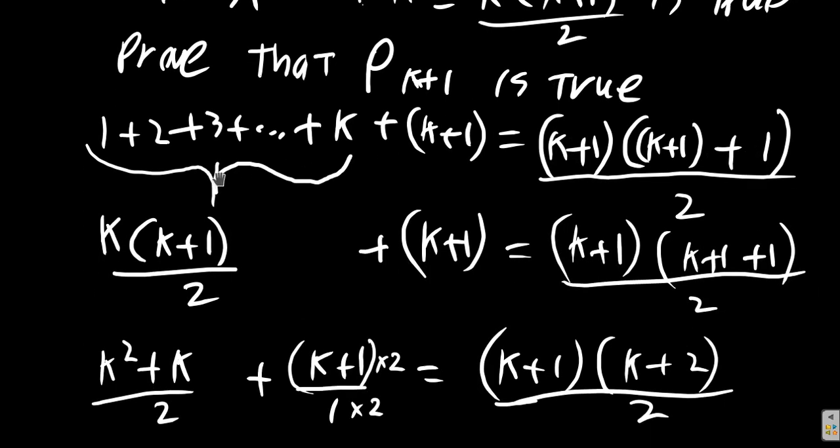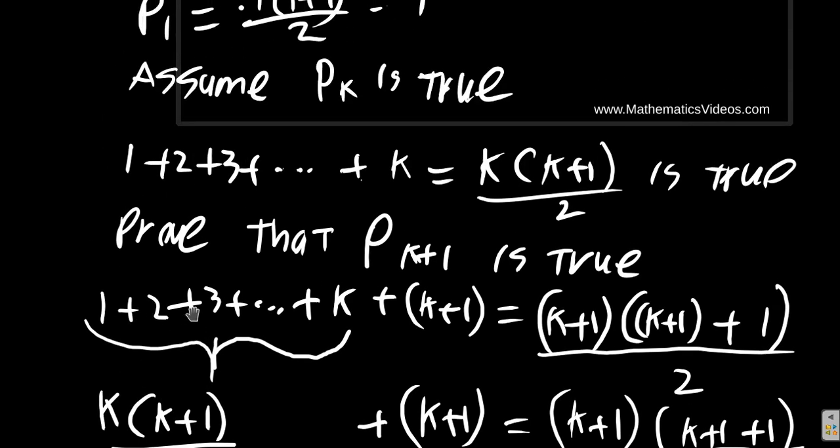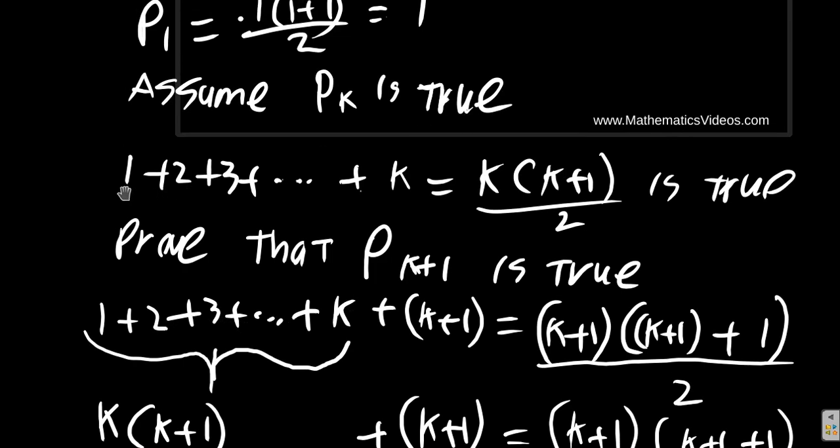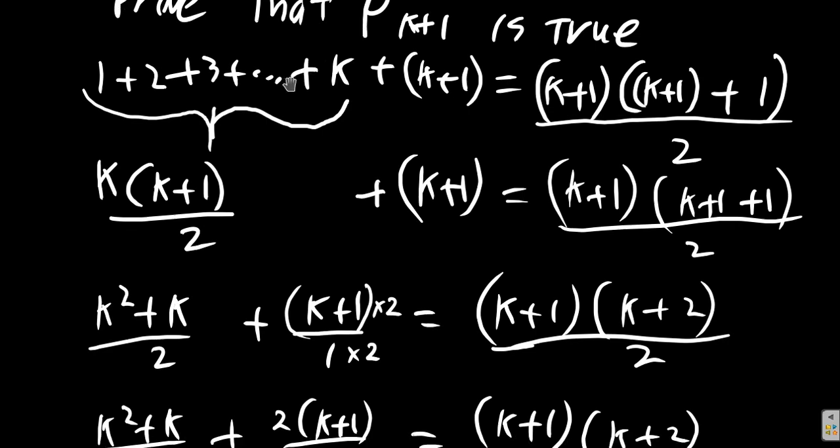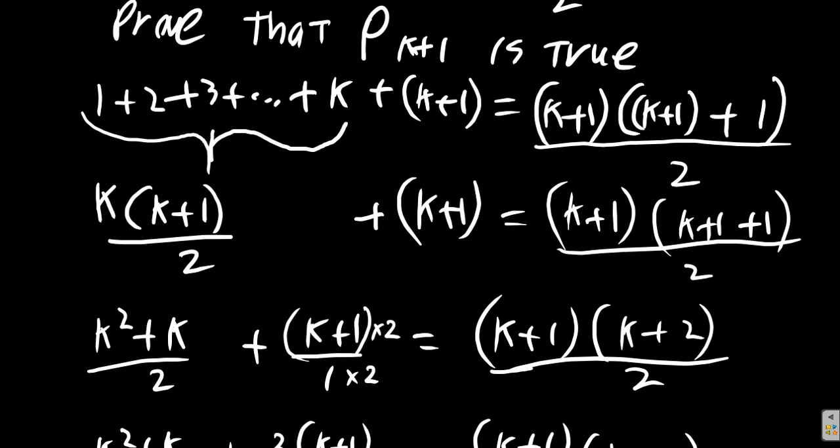And then we recognize that the 1 plus 2 plus 3 plus up to k looks familiar, we've seen it before. It is the same 1 plus 2 plus 3 plus up to k, and that is equal to k(k plus 1) divided by 2. So we write this as k(k plus 1) divided by 2. And then this part, we add it, and simplify this.